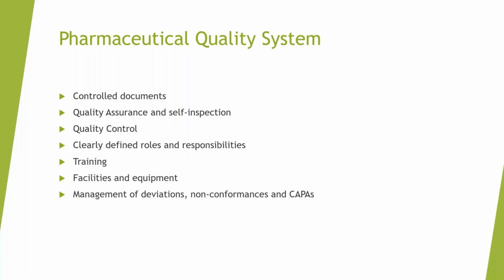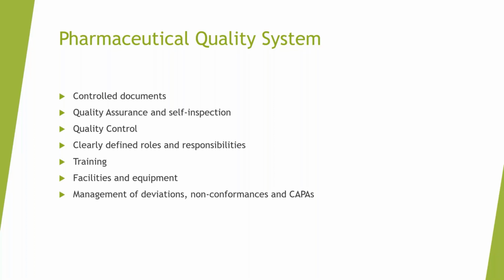Thank you, Gail. So also when auditing a laboratory, we will look at the general pharmaceutical quality system, and this comprises a number of areas which you can see on the screen. So we look at, do you have appropriate documents in place in order to operate equipment, for instance.